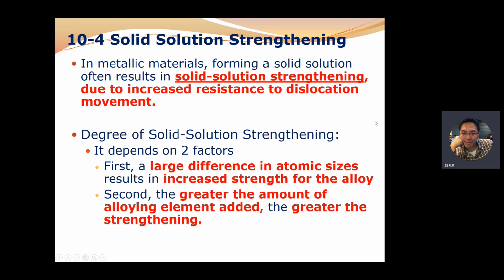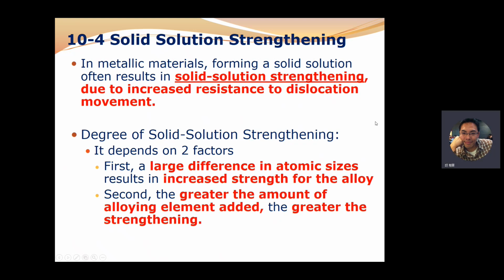A large difference in atomic radius of the alloy element results in a big increase in the mechanical strength of this alloy. And the greater the amount of alloy element added, the greater the strengthening.